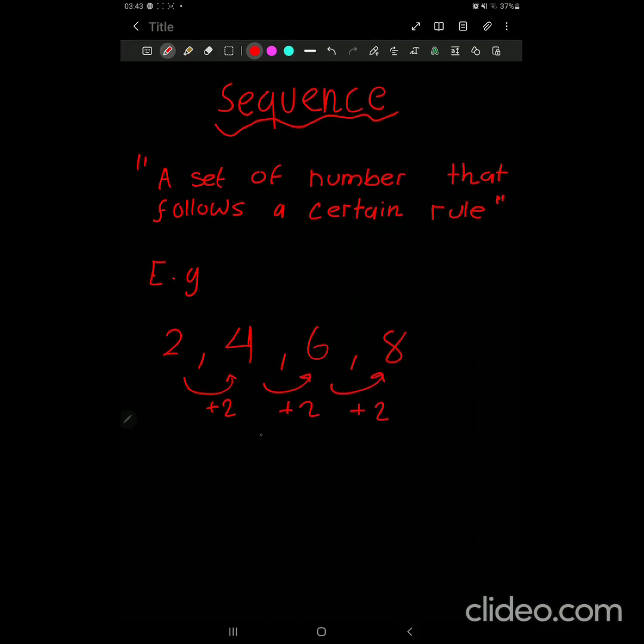So the rule is plus 2. Now this is an example of an arithmetic sequence, and a sequence can be arithmetic or geometric, and I'll explain it further.